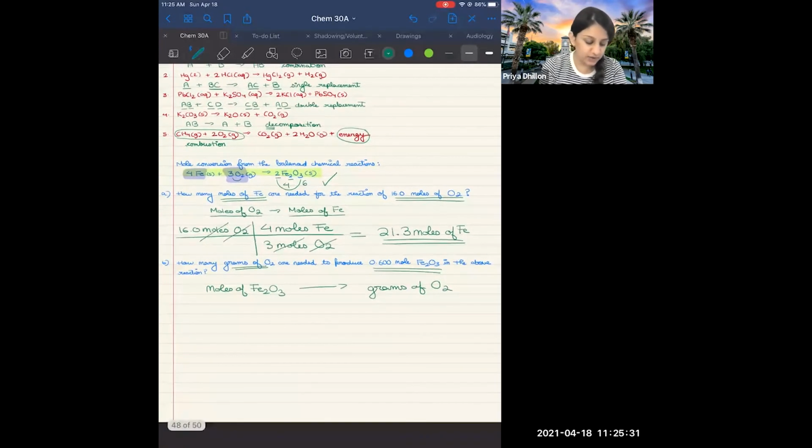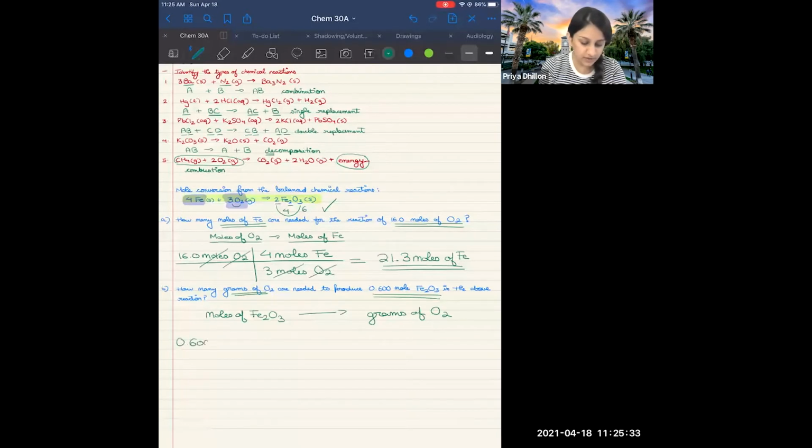So first we're going to put in the given information, Fe2O3. Now we want to first get rid of this mole of Fe2O3. So on the bottom, can you tell me how many moles of Fe2O3 I have from the balanced equation?